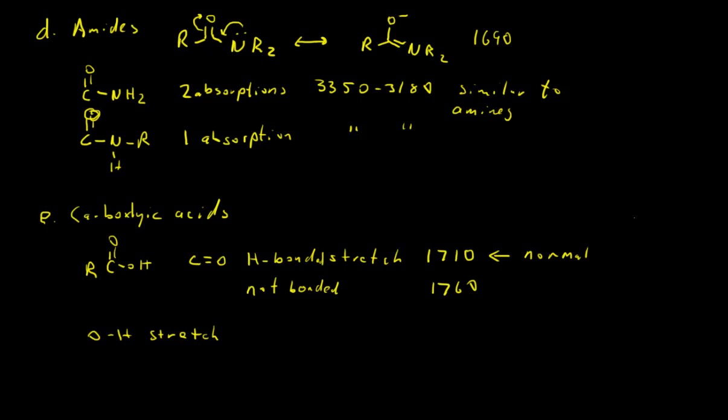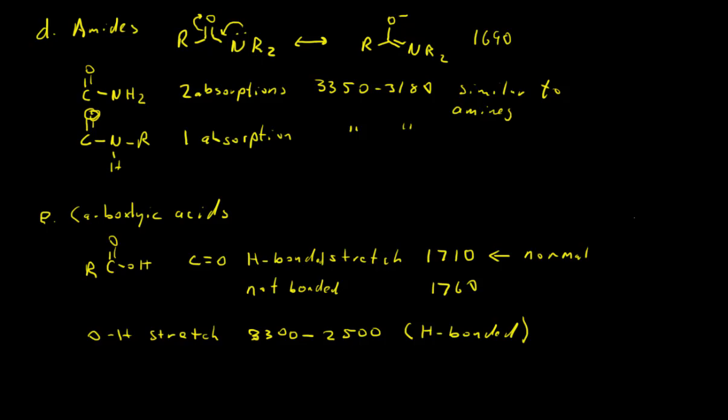This is an enormous, it's like a mountain. And it's at lower frequency than alcohols. It stretches in the region of about 3,300 to about 2,500 if it's hydrogen bonded, which they normally are.